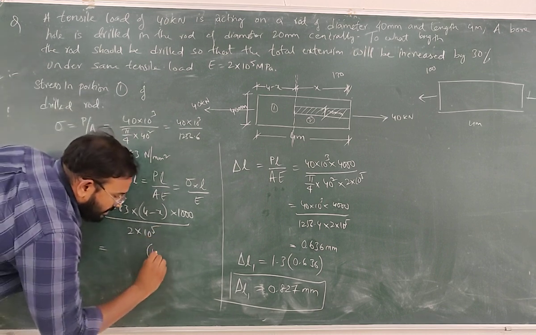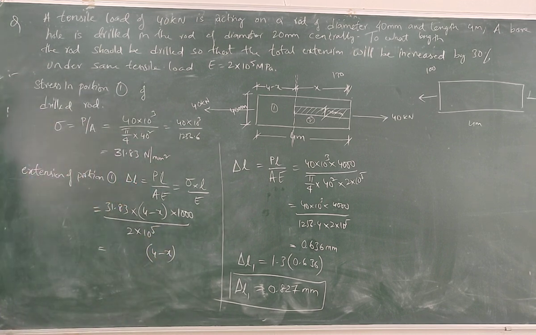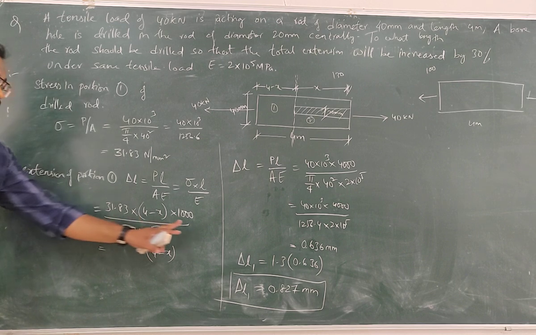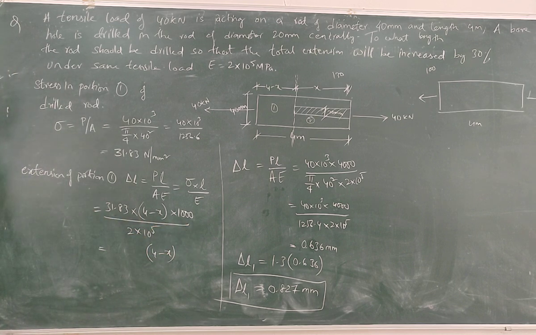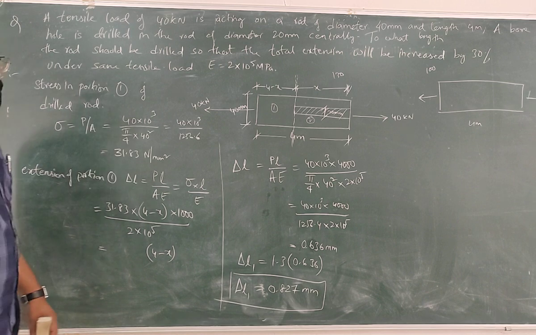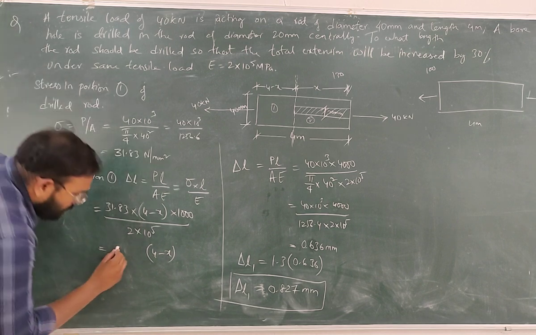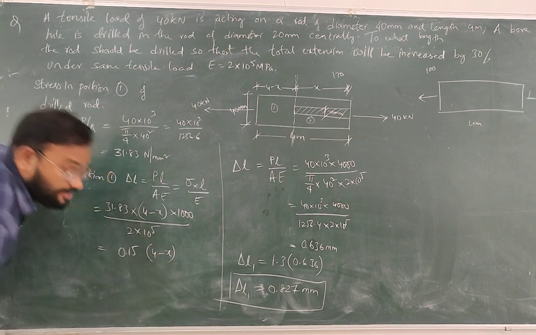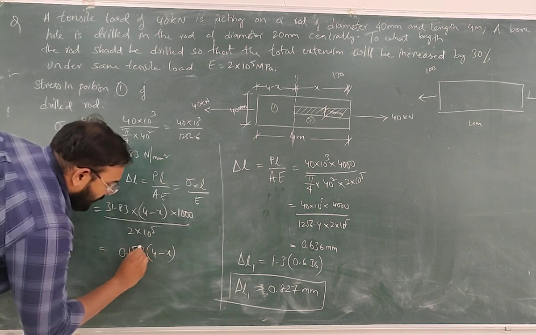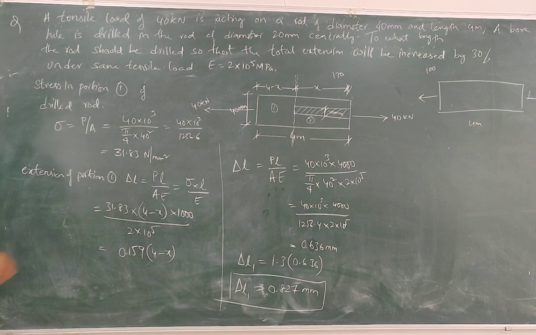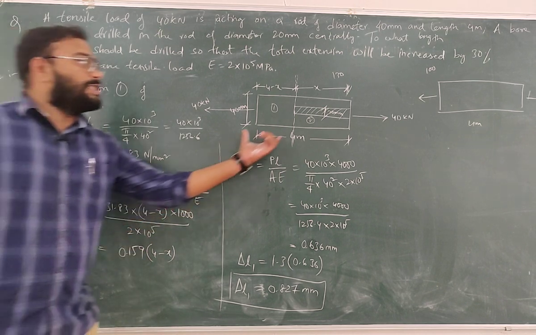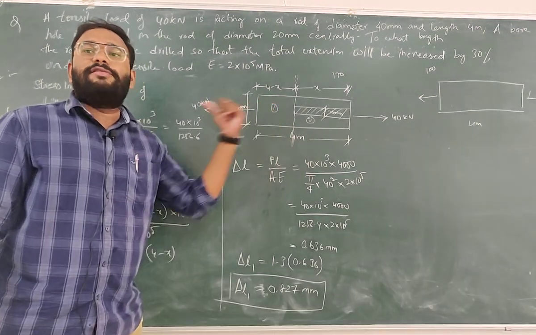Simplify and tell me the answer in terms of 4 minus x. 31.83 into 1000 divided by 2 into 10 power 5 is 0.159. Now what is this? This is the extension of this portion 1 where you don't have any hole.